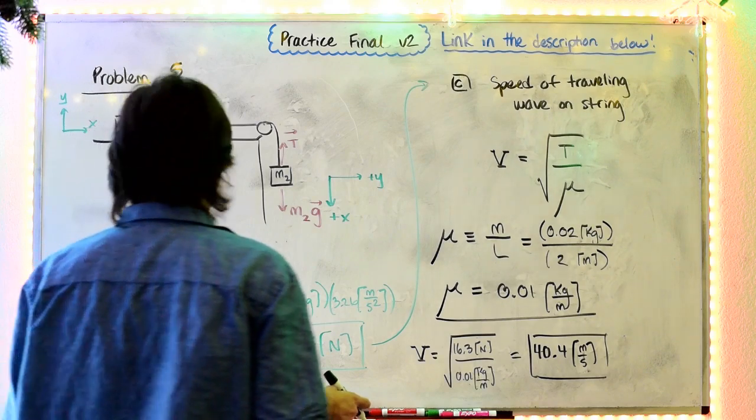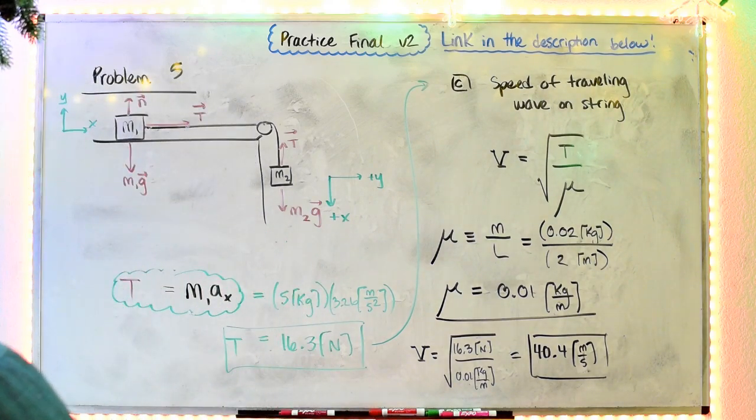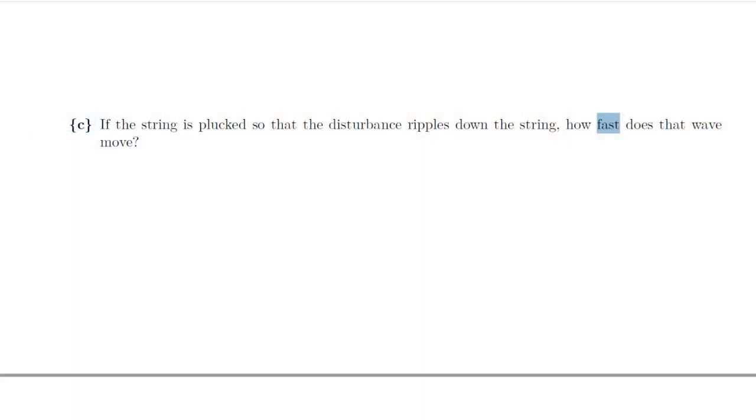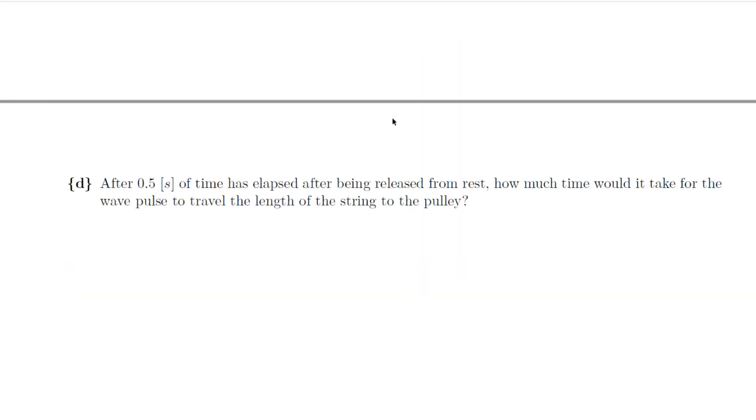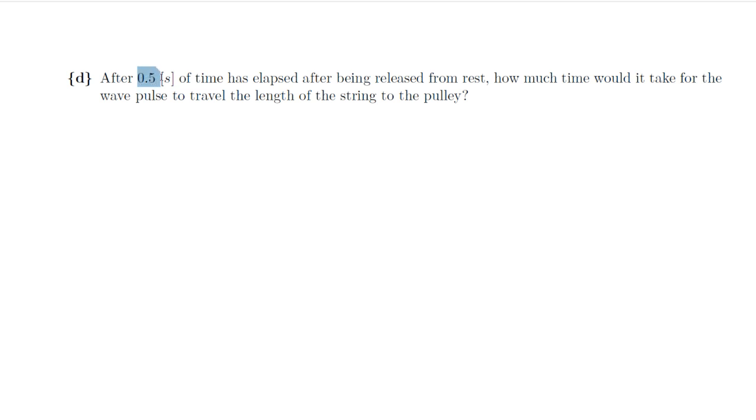Now, the next part pertains to what happens when you know that velocity or speed, which is after 0.5 seconds of time has elapsed from being released from rest. So you let the system go from rest, how much time would it take for the wave pulse to travel the length of the string to the pulley?